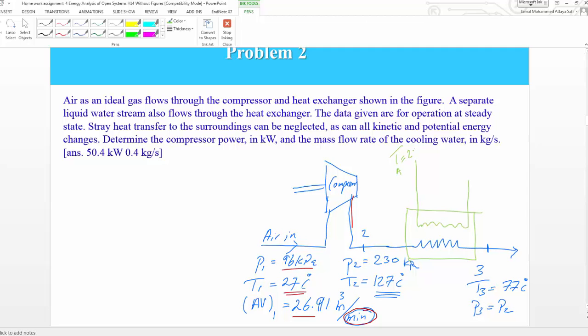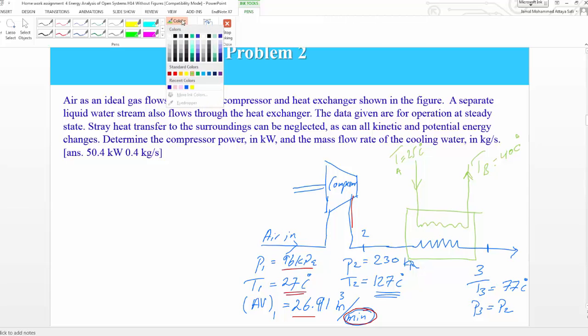TA is 25 degrees, so I send water at 25 degrees from a lake or a river, and that's going to take some heat from the air and increase its temperature, so TB equals 40. The water comes in here and goes out here.